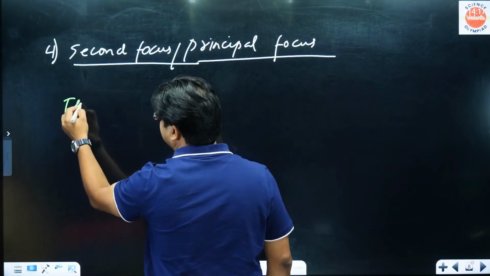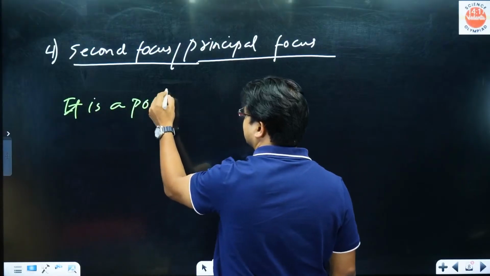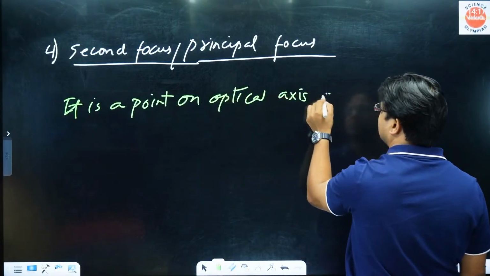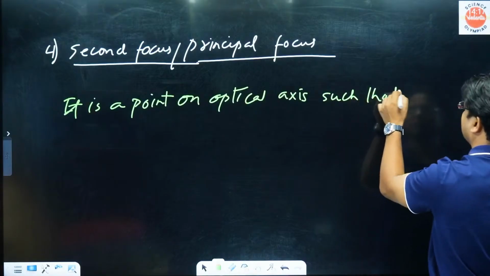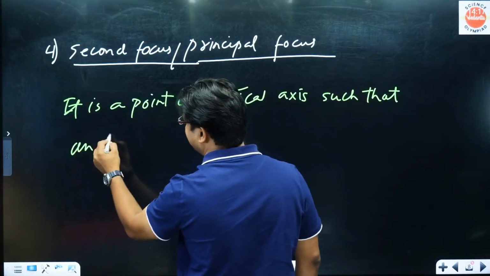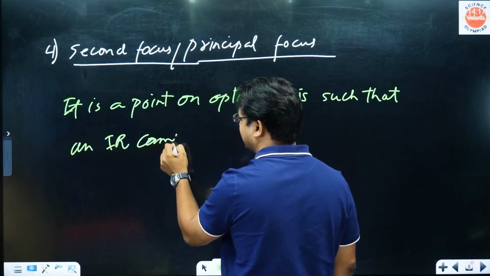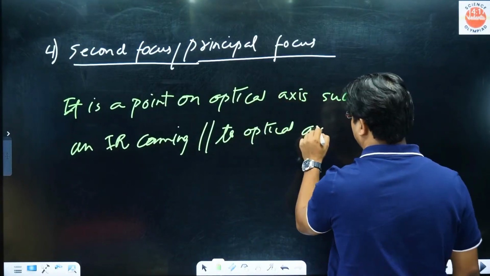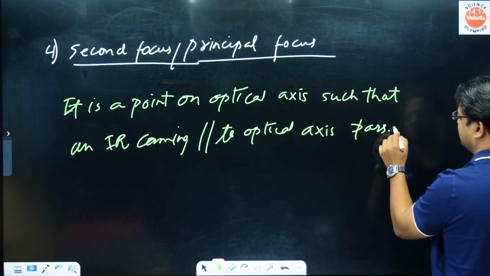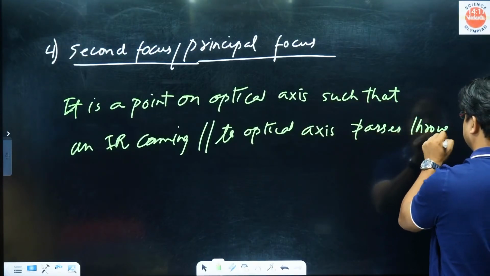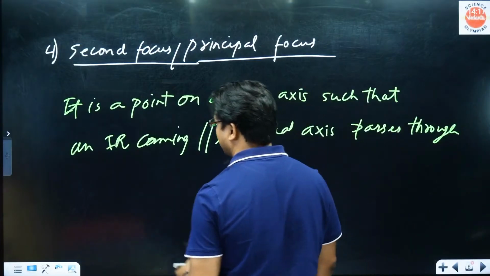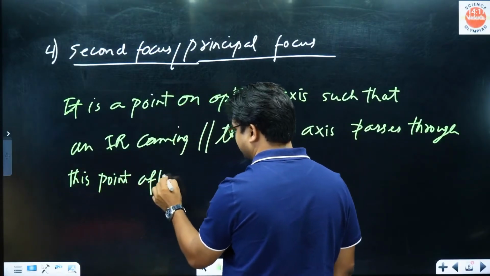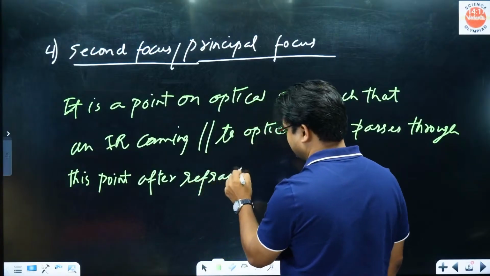It is a point on the optical axis such that an incident ray coming parallel to the optical axis passes through this point after refraction.